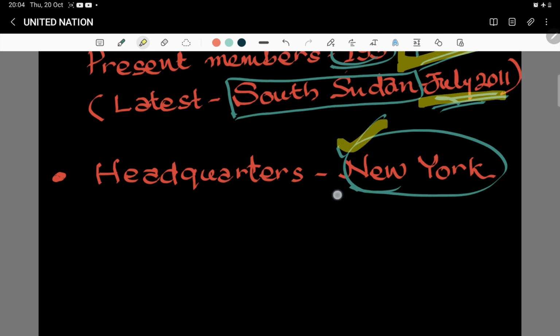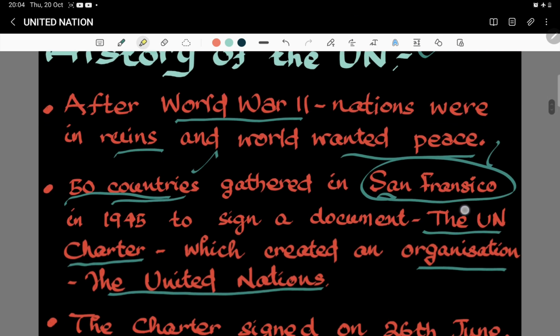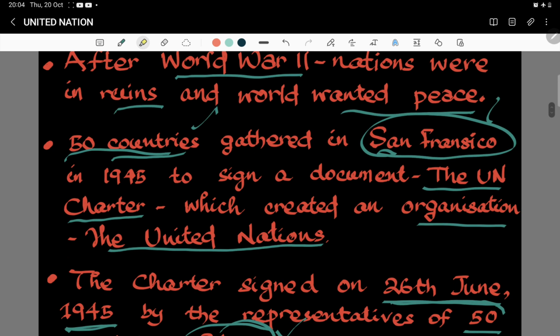The latest member state is South Sudan, which joined in July 2011, and its headquarters is in New York. It was established in 1945 after World War II, because during the war the nations were in ruins and the world wanted peace. Fifty countries gathered in San Francisco in 1945 to sign a document called the United Nations Charter, which created the United Nations.